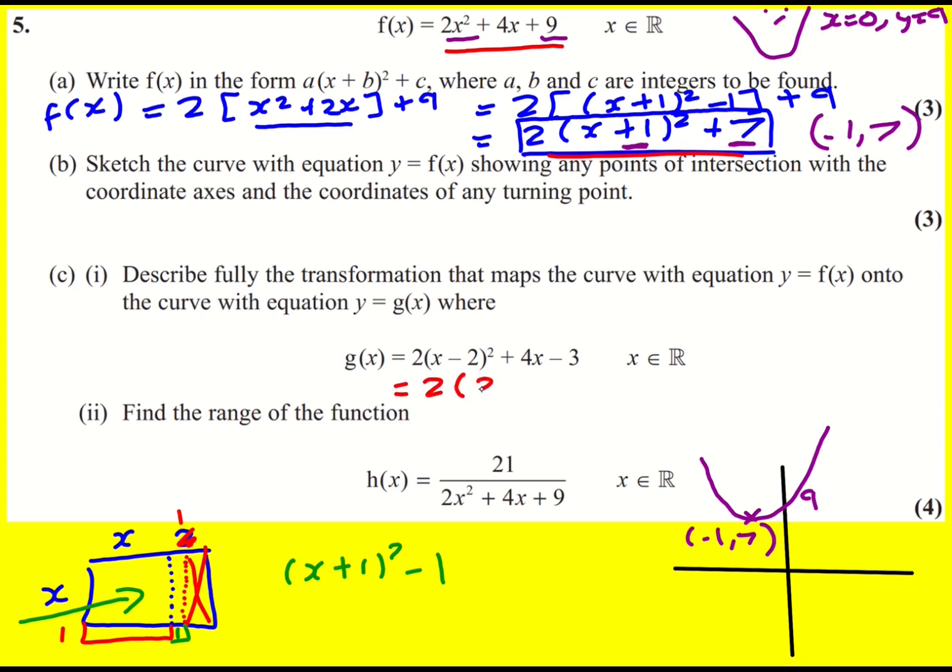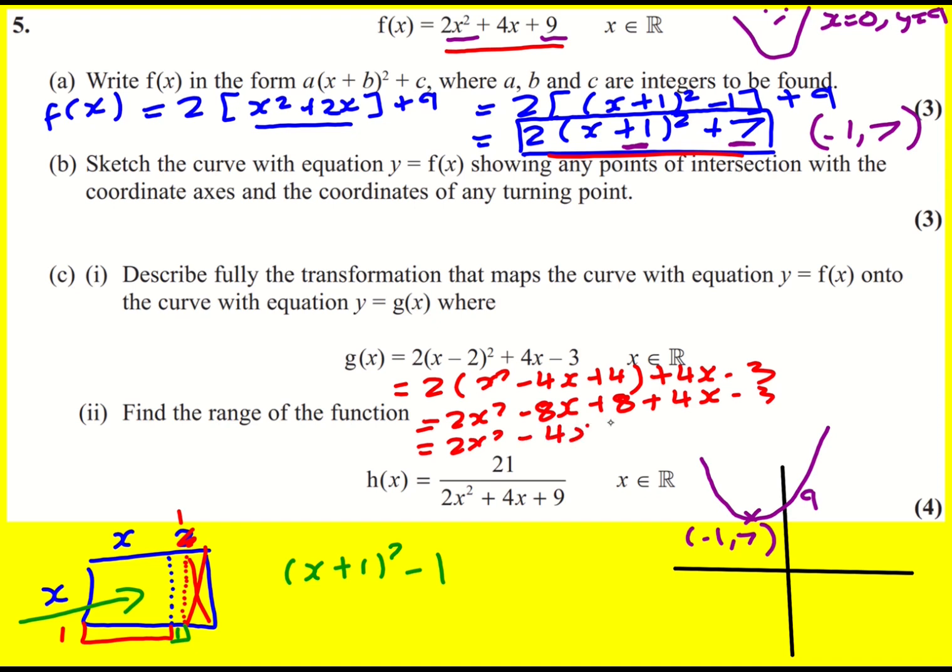So it will be 2, and then x squared minus 4x plus 4 when I expand that double bracket, plus 4x minus 3. That's 2x squared minus 8x plus 8 plus 4x minus 3, which gives me 2x squared minus 4x plus 5.